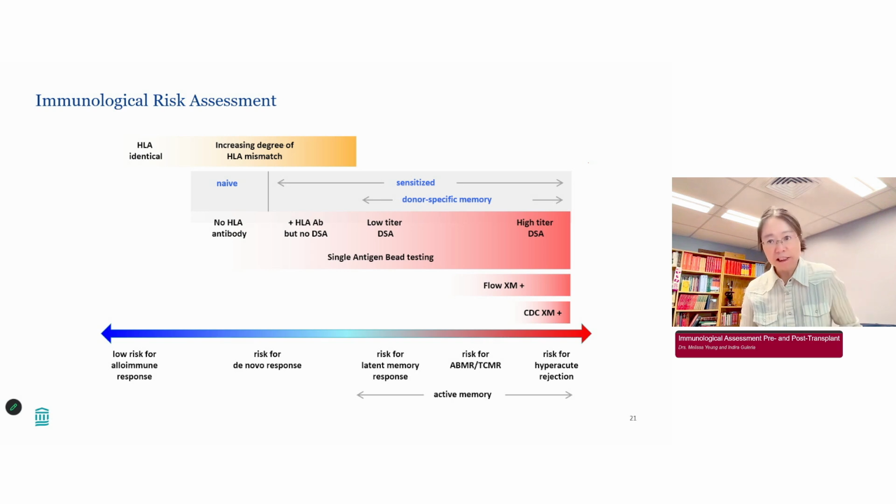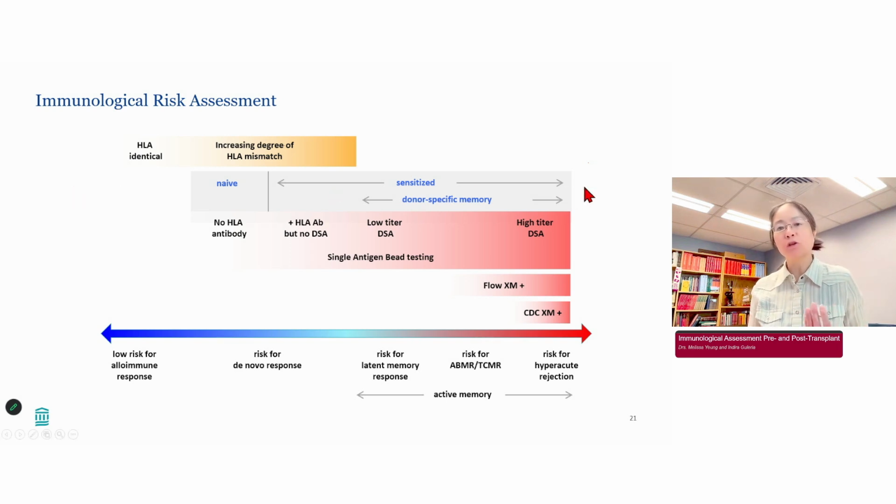So to just end, I think I've presented to you all the varying tests that we have. But it's important to recognize that when thinking about an immunological assessment, it's not just black and white.